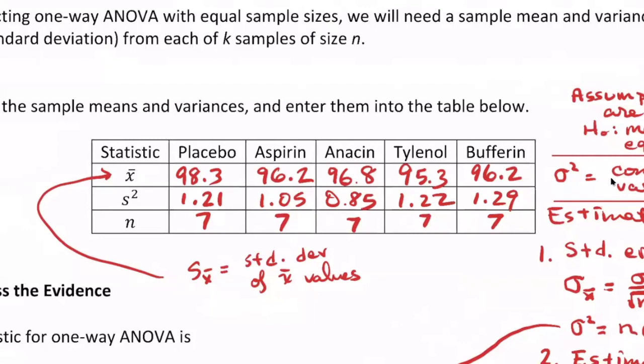Yeah, and but for what treatment? Placebo is bringing the body temperatures down the worst. Okay, and which one's doing the best job at bringing down body temperature? Yeah, Tylenol.